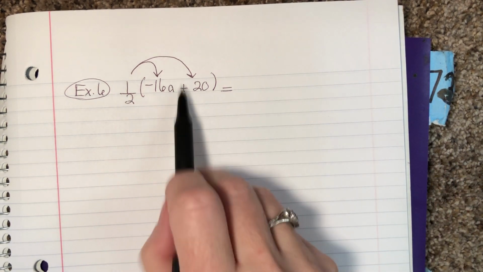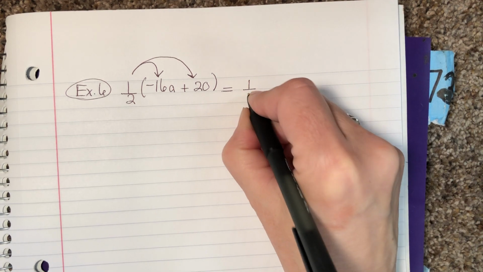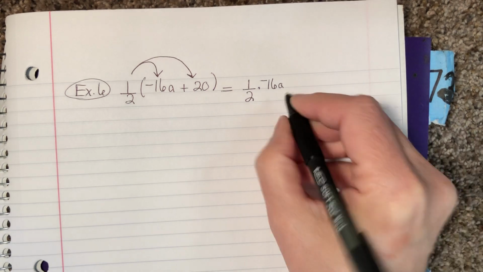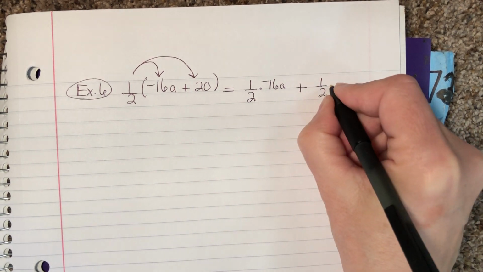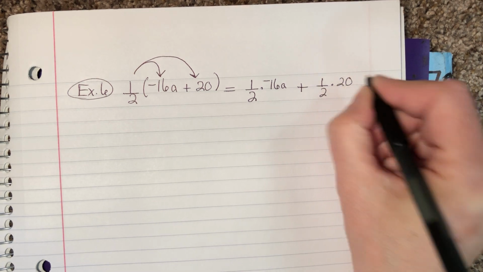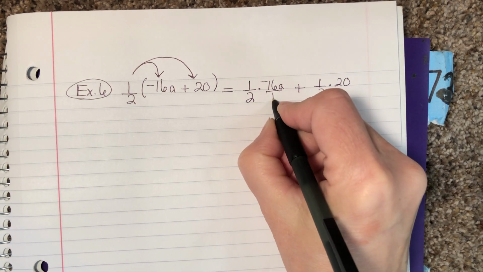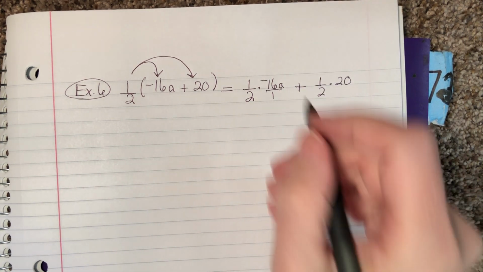And then once you see what's going on, you can kind of bypass the middle step. It's 1/2 times negative 16a plus 1/2 times 20. So there's my middle distribute step. These are 2 different multiplication problems. So I'm going to put this over a 1.